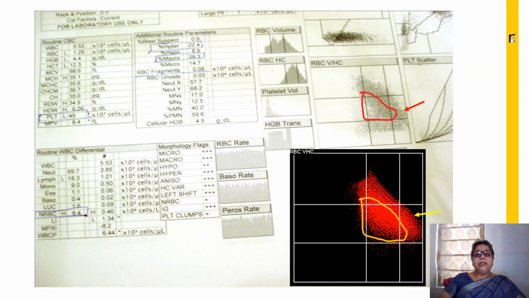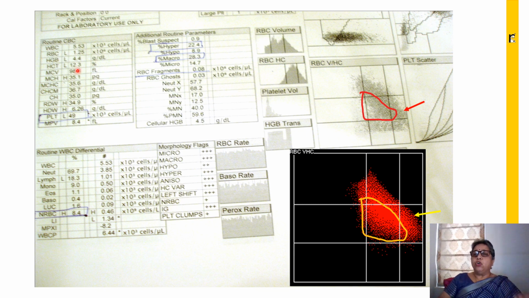Now, the next case does not give you an MCV which is higher than 100, which would say that it is macrocytic anemia. However, a look at the scatter tells you that there is a large proportion of macrocytic cells, which is about 28%, which is roughly more than 1/4 of the population of red cells in the sample. So just looking at an MCV of 96 will not tell you that there are macrocytes in the sample.